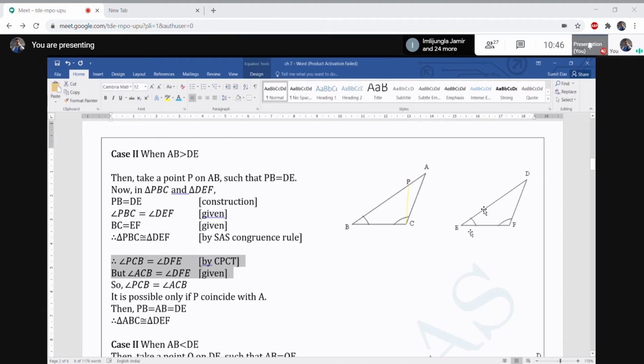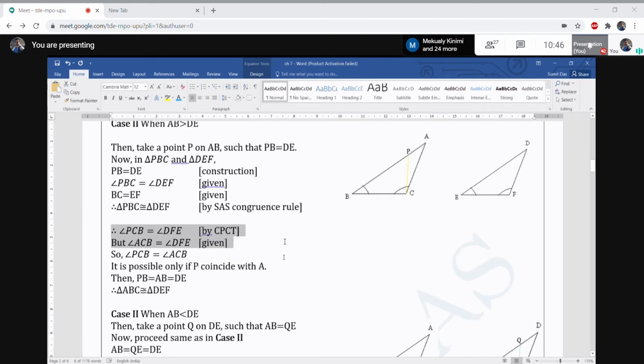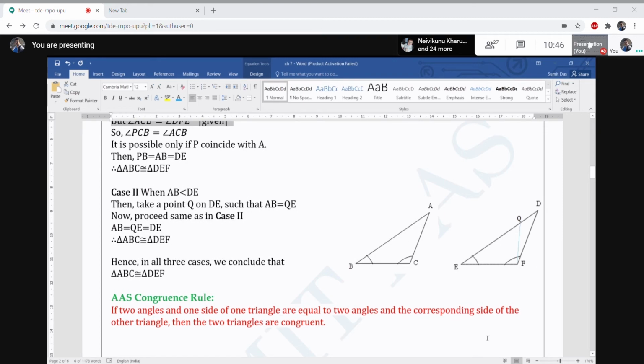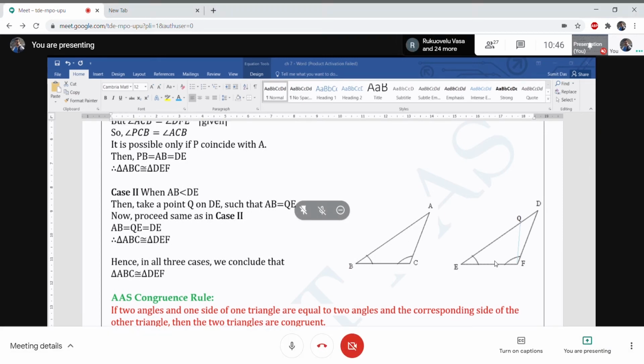PB also equals DE as per construction. So we can say triangles ABC and DEF are congruent. Why? We already proved PBC is congruent to DEF, and we proved P and A are the same point, so just replace P with A and you get the same answer. Fine. Then case 3. Case 3 is the very same thing, but we are doing it with the second triangle. What is case 3?